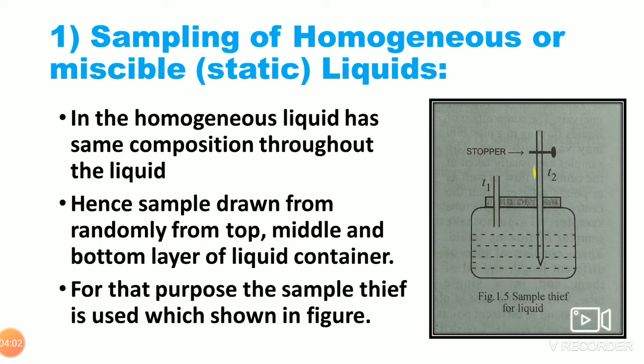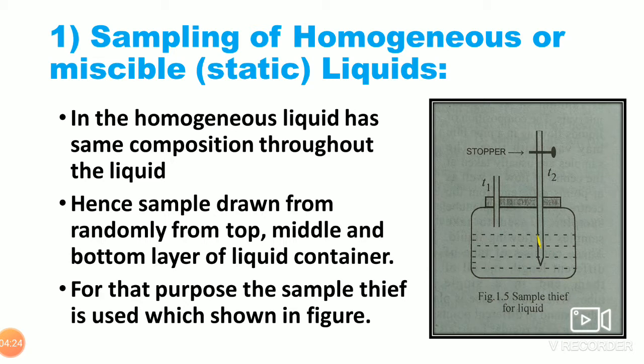But this tube T2 has a stopper, or you can say stopcock, and is very long and dipped into the sampling liquid. That means with the help of tube T2 we can sample our static homogeneous liquid.